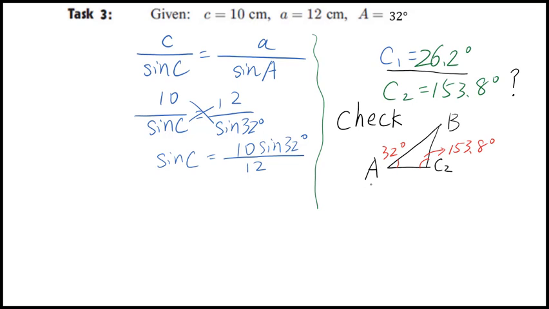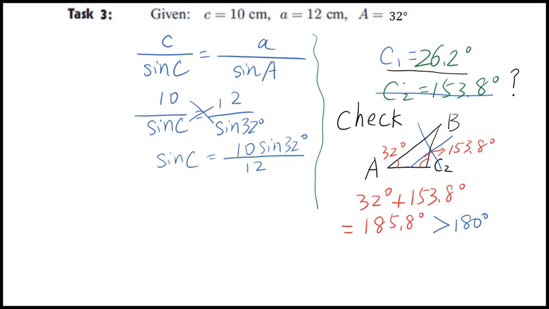Then we try to add these two angles. 32 degree plus 153.8 degree. That equals 185.8 degree. Since the sum is greater than 180 degree, which means these two angles cannot form a triangle. So this is a fake triangle. We need to cross out C2. In other words, we have only one triangle formed.